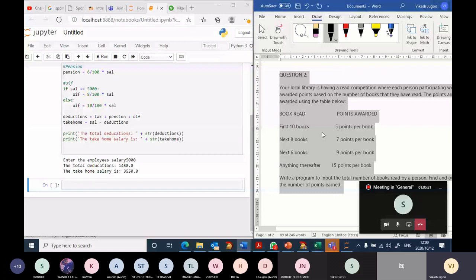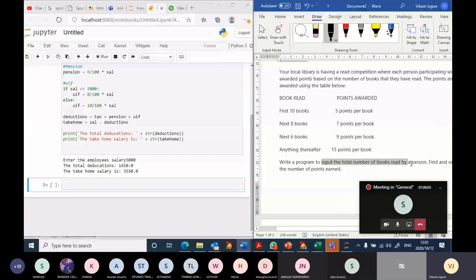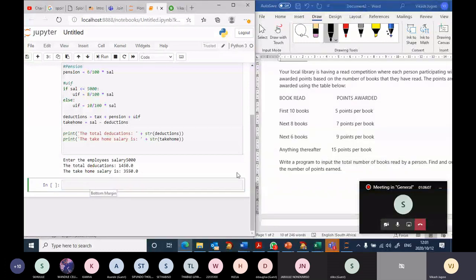So the first part of this, we needed to input the total number of books. Input total number of books read by the person. So this is something we must know. Books, let's call it books equals, you would read a whole number, which is an integer.